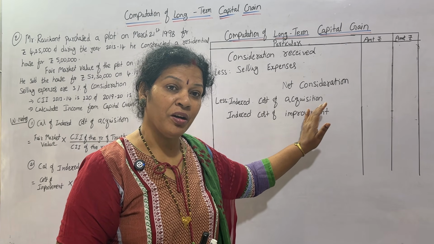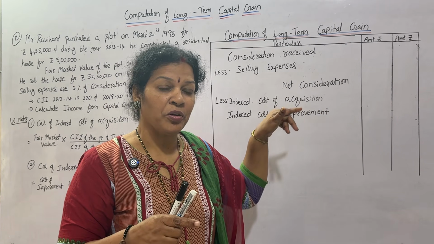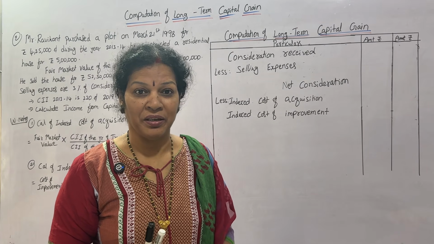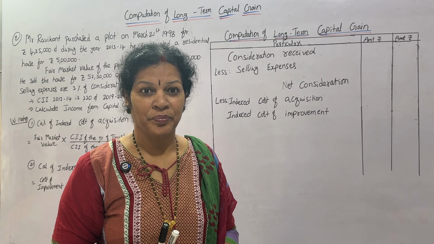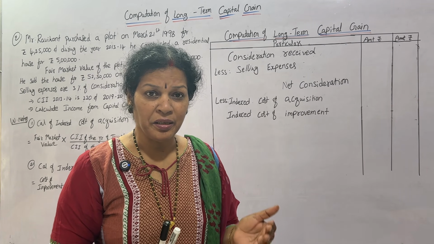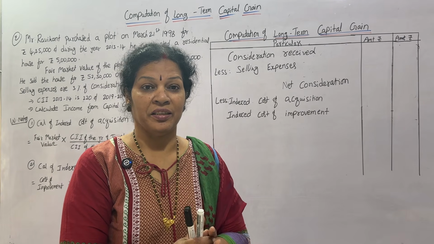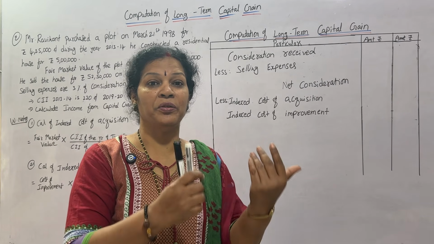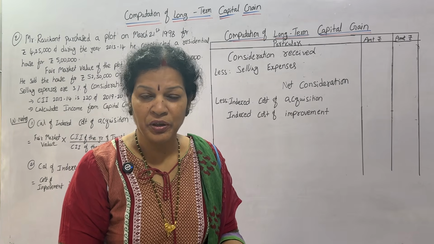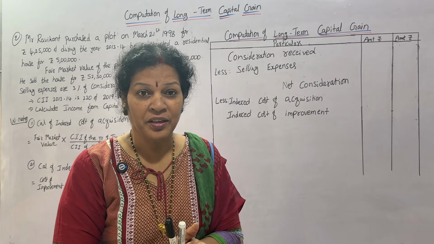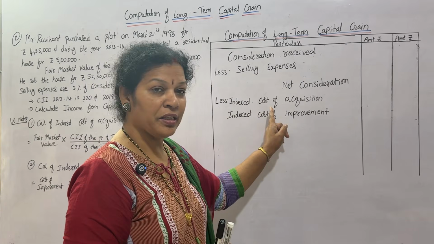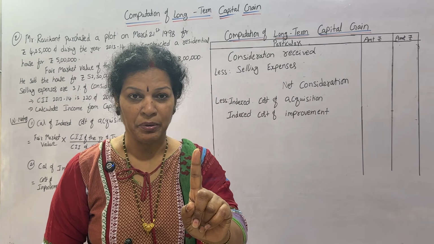Actual cost is not used, that indexed cost. Index numbers are also given, CII. According to the year when you purchased, when you are selling, and when you are going for improvement, you are going to calculate this CII.